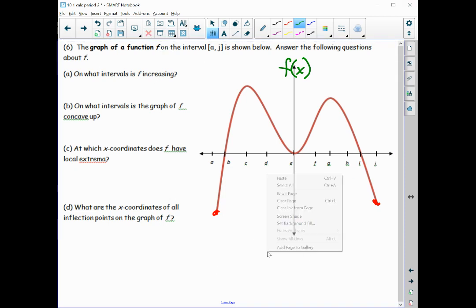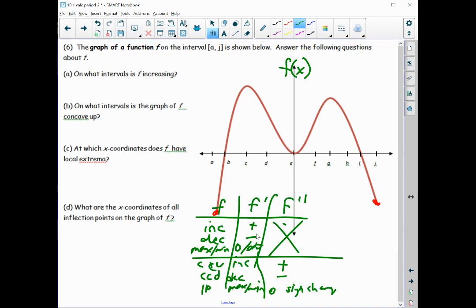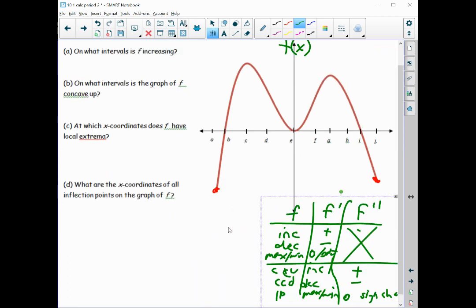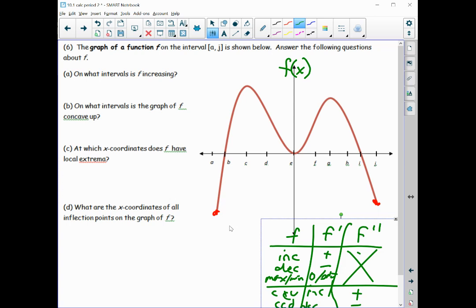Answer the following questions about f. And I'm going to go ahead and paste that little chart, put it down off to the side. Notice also that this graph is a little bit different because there are endpoints here, and that's going to come into play for a couple of these. But go ahead and pause me, try to answer these questions based on the graph of f of x, and then we'll go over the answers.